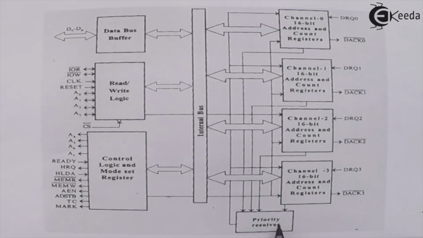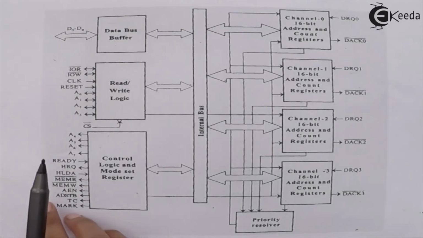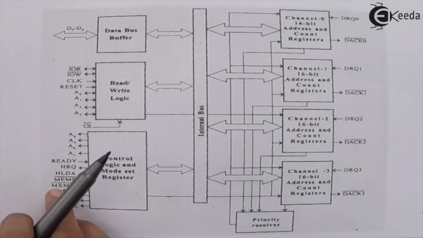Then we have the priority resolver. Because there are 4 channels, 4 input output devices can be connected, and which input output device will have the highest priority is decided by this priority resolver block. Now, in this control logic and mode set register, we have studied all the signals except TC, terminal count, and mark. So let's see the use of these two signals.